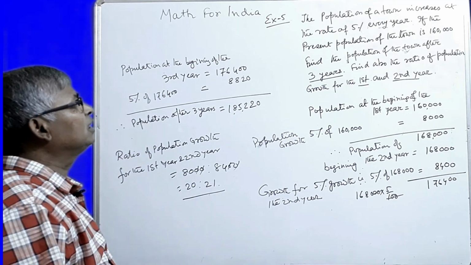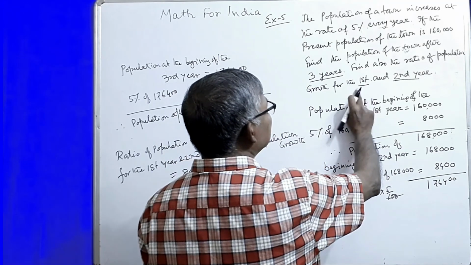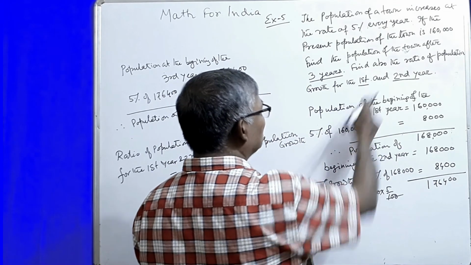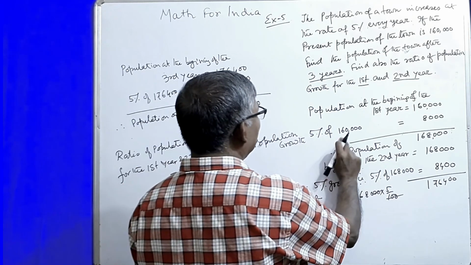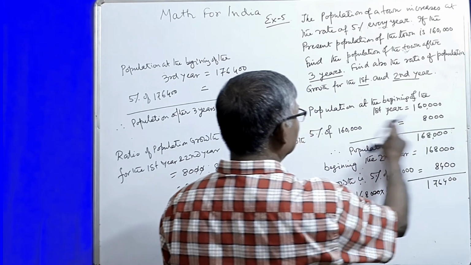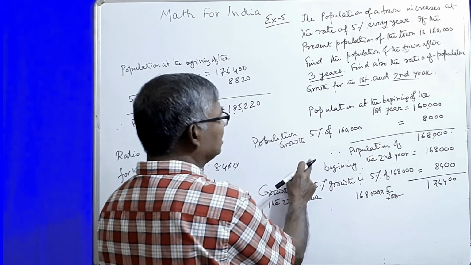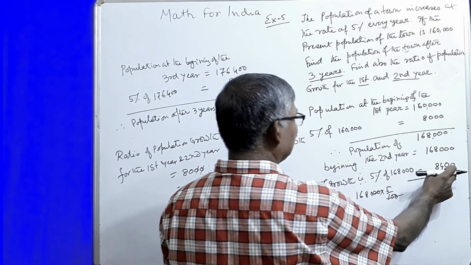Students, here the population growth for second year and first year is required. For this, we calculate the growth of the first year, that is 8,000. Once again, we calculate the growth of the second year, that is 8,400.